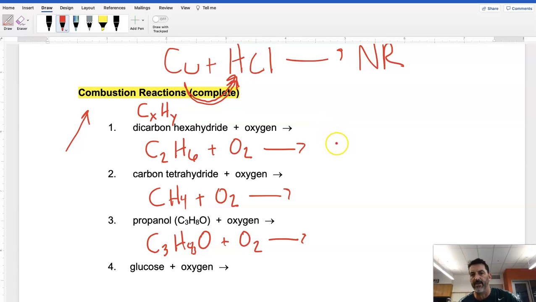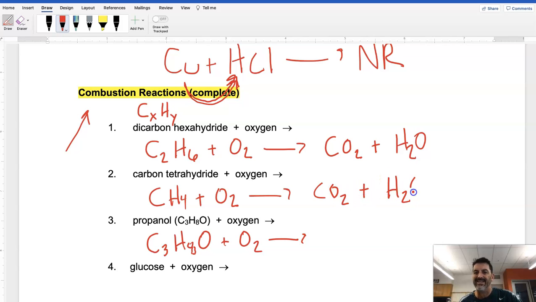Now the cool thing about these is they produce the same thing every single time. So once you identify, hey, this is a combustion reaction, the products are really easy to predict because it's the same two products every single time. Every time? Yes, every single time. CO2 and H2O. So they're the easiest ones to predict the product.